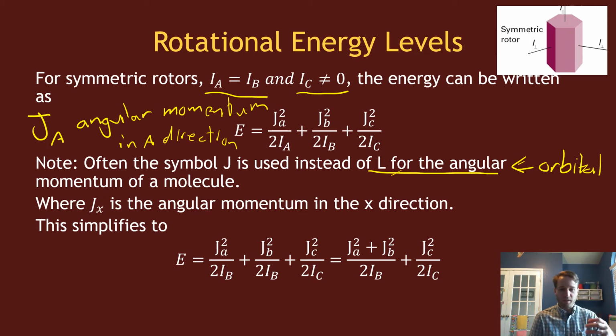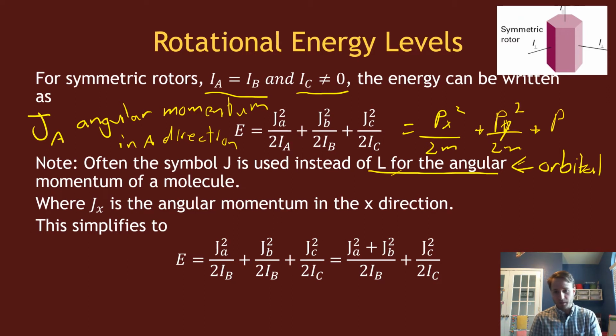This is the same type of thing as linear momentum, where for linear momentum, I would write this as px squared over 2m plus py squared over 2m plus pz squared over 2m. Now the mass is the same as you're moving in x, y, and z directions.